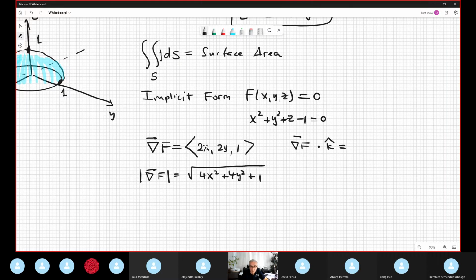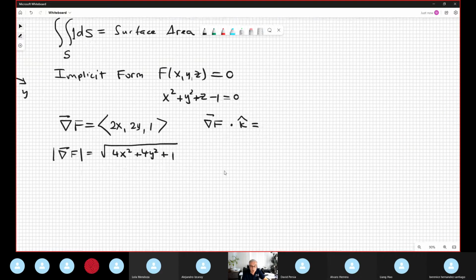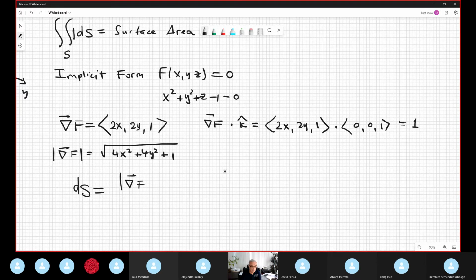You perform the dot product of the gradient with k, which is (0,0,1). It is obvious that it is 1. Therefore, according to the formula, dS is equal to the magnitude of the gradient divided by the magnitude of the gradient dot product k.